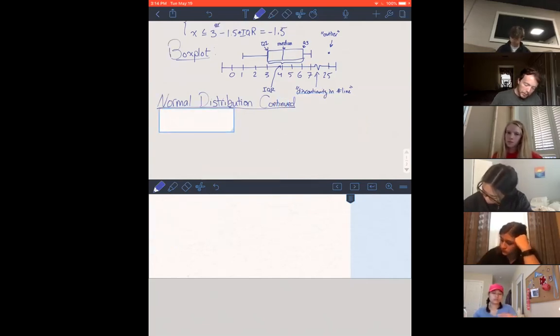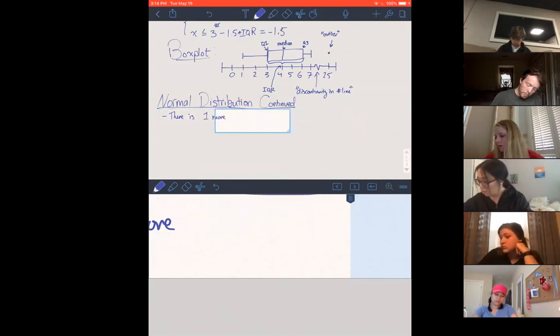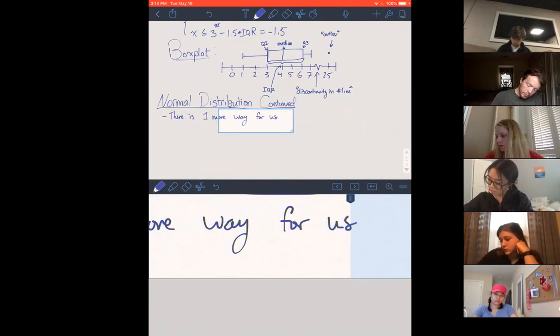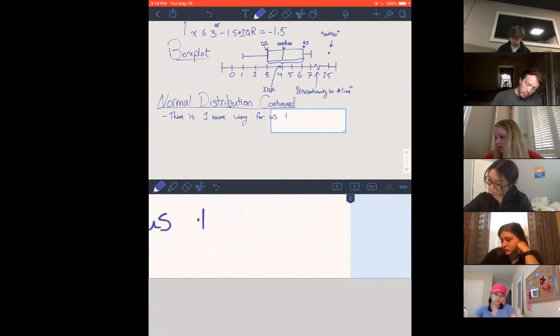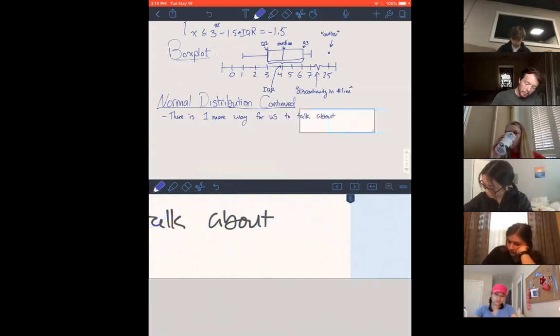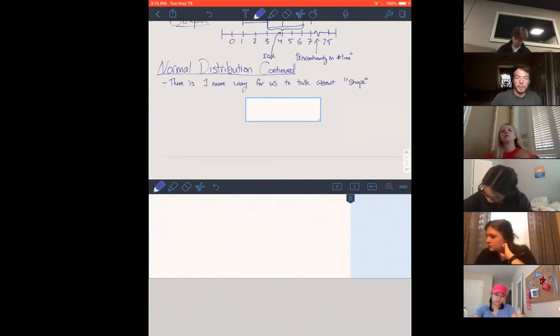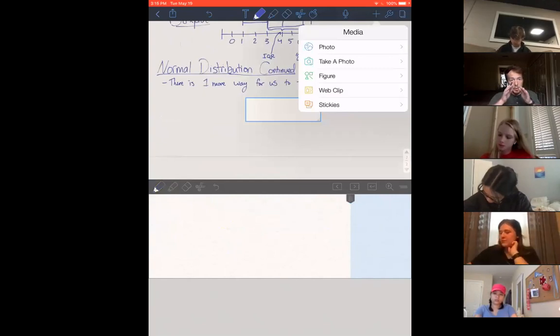And to start out this conversation, I want to mention there is one more way for us to talk about shape, the shape of a distribution. Recall last class we talked about left and right skewed and symmetric.